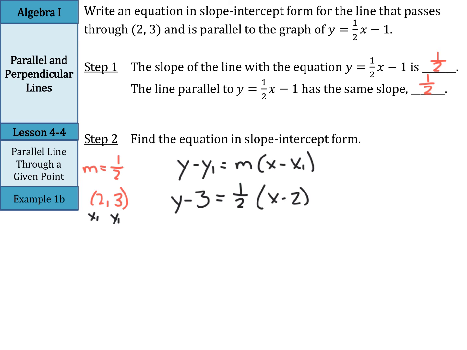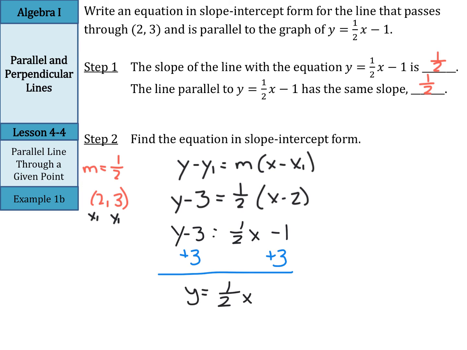Now we can distribute this 1/2, so we're left with y minus 3 equals 1/2 x, and 1/2 times the minus 2 is minus 1. Now, to finish, get your y alone by adding 3 to both sides, and you're left with our answer, y equals 1/2 x plus 2.